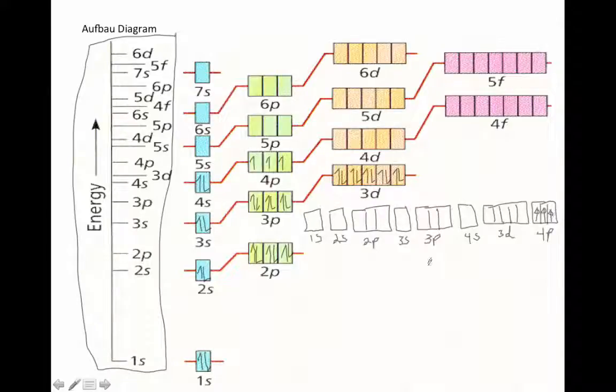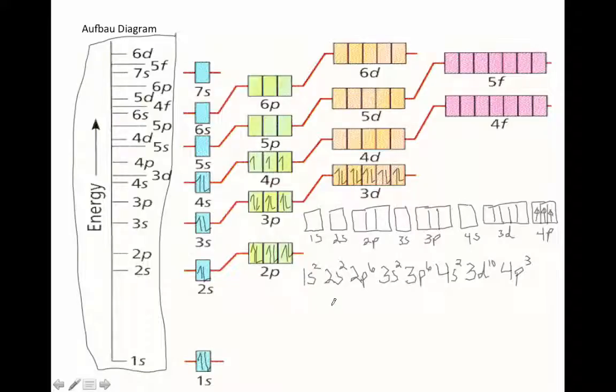What I am going to do is write the electron configuration for arsenic, assuming that these would all be filled. I don't have time to draw that right now. So 1s2, 2s2, 2p6, 3s2, 3p6, 4s2, 3d10, 4p3.